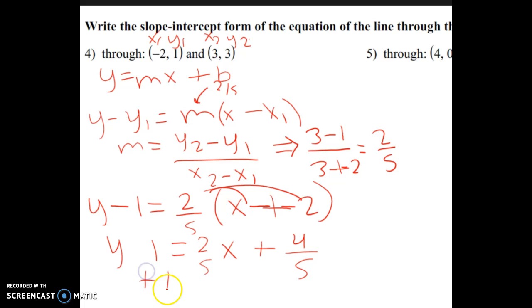So then we add the 1. And adding 1 to 4/5 is like adding 5 over 5. So your calculator will do that for you. So we end up with y equals 2/5 x plus 9 over 5. And that is your slope-intercept form.